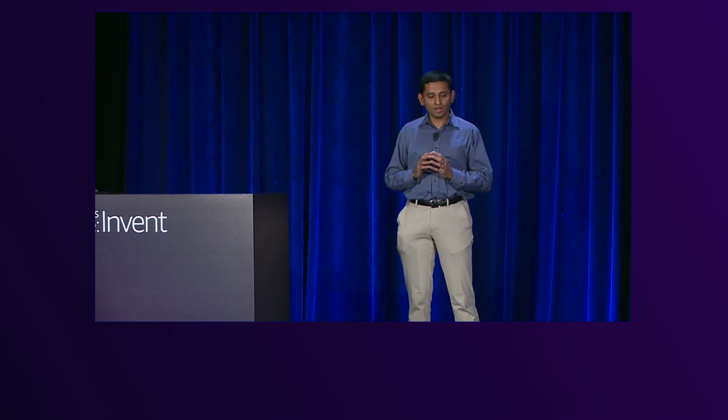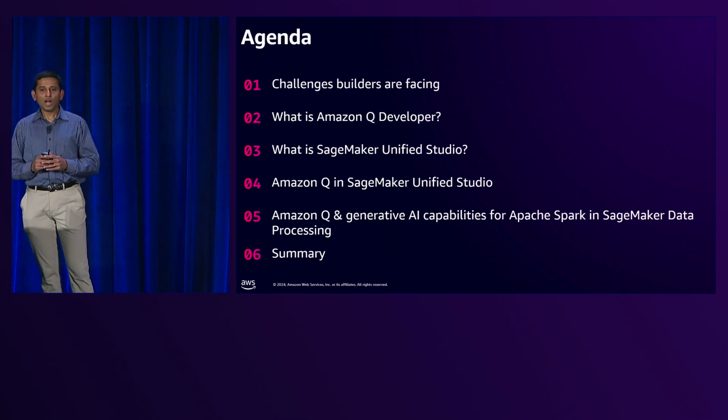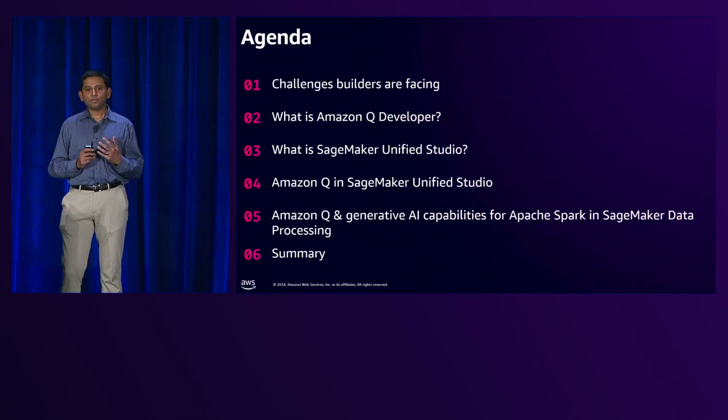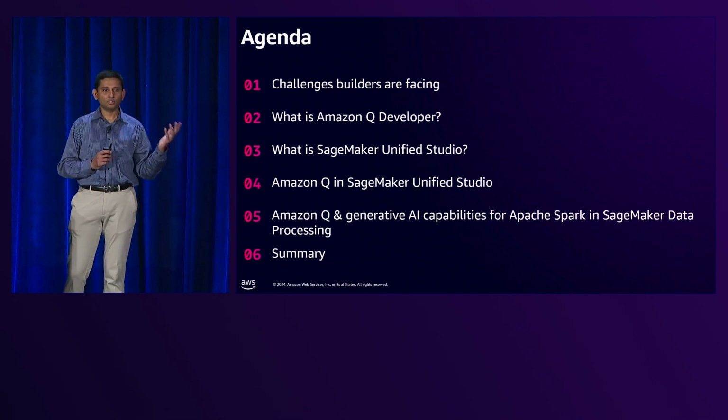In this session, we will talk about AI-powered data integration and governance with Amazon Q Developer. We will start with challenges that builders are facing. We'll talk about what is Amazon Q Developer. Then we'll spend some time talking about a new announcement, SageMaker Unified Studio, that was announced in Matt Garman's keynote yesterday.